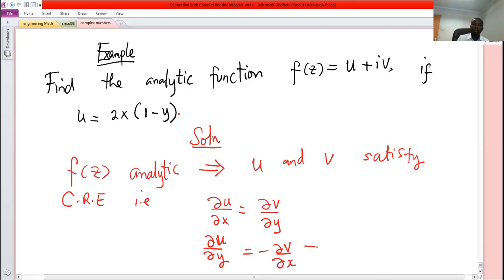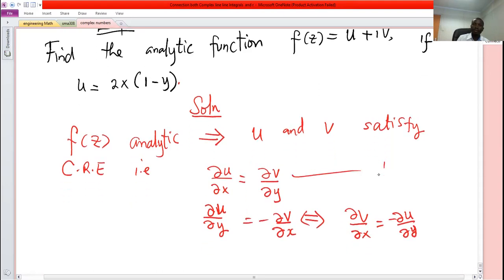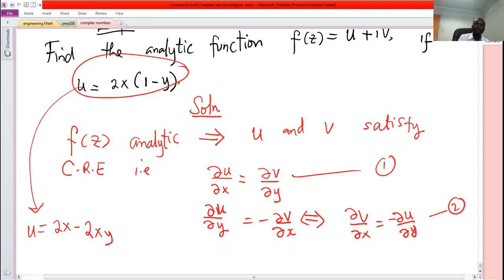Or this equation can as well be written as partial v partial x equals minus partial u partial y. So let's call this one equation 1, this one equation 2. Our u is the same as 2x minus 2xy. This and this one have the same meaning.